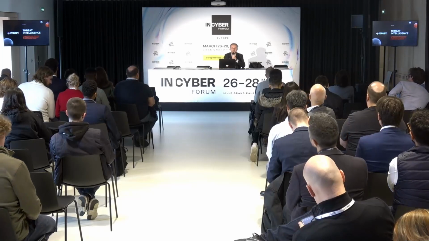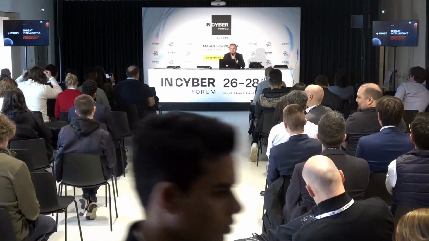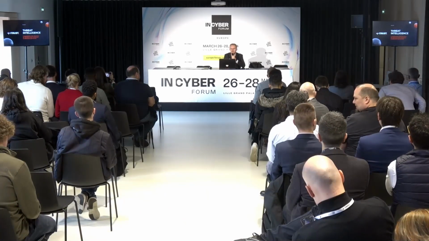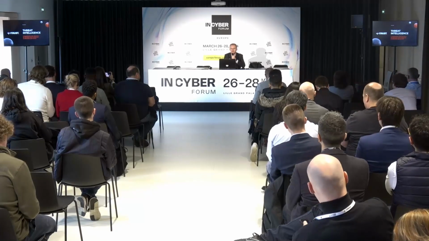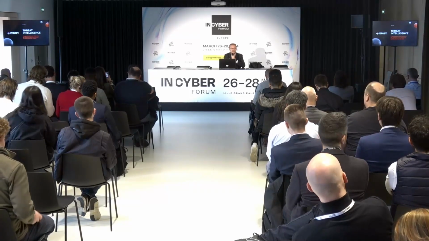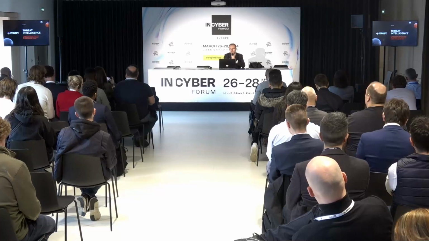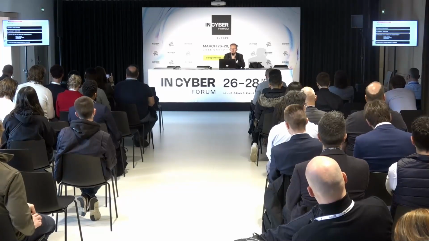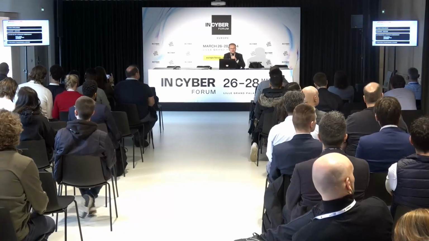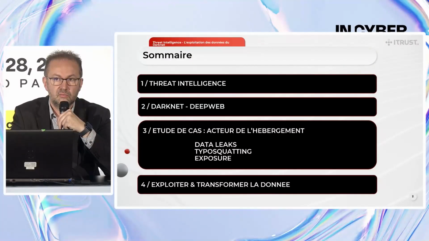We are going to talk about one of the aspects of threat intelligence, that is the use of data that you find in deep web and dark web, just to reinforce the SOC detection. So we are going to talk rapidly about the different threat intelligence aspects to see what is the kind of information in the dark net and dark web.